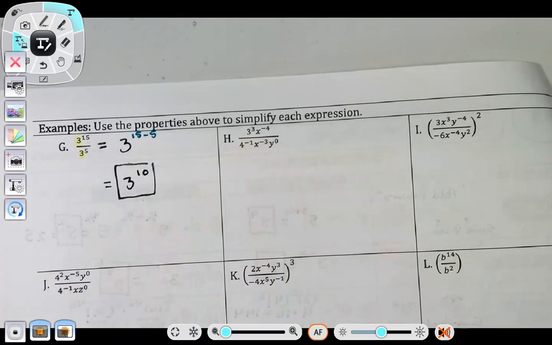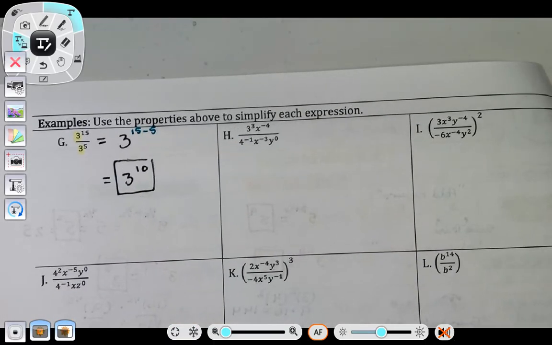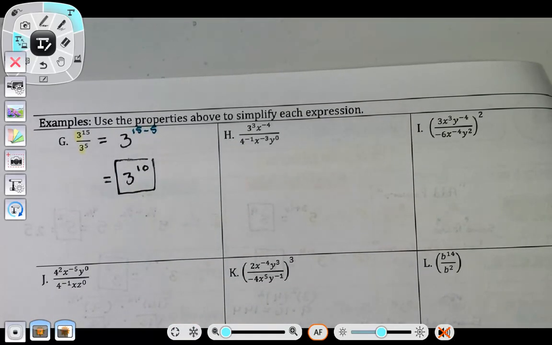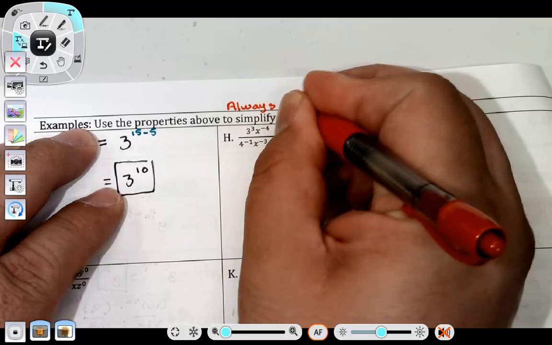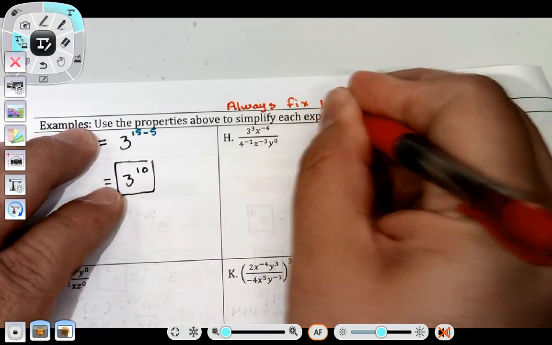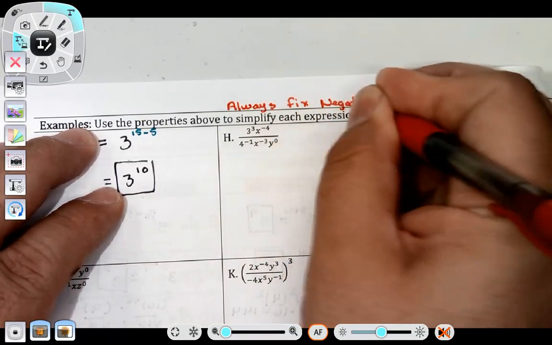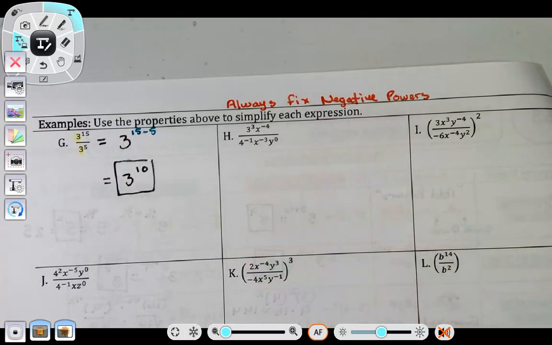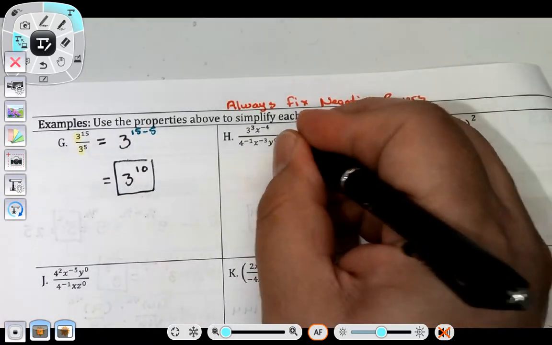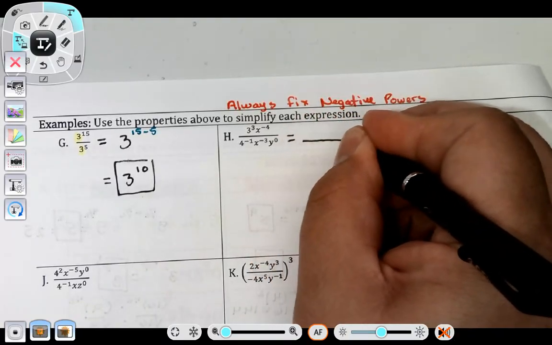Ooh, what do we not like in letter H? We don't like negative powers. You got to fix that, right? Always fix negative powers. We don't like them. Fix them. So right now, I'm not going to do any math. I'm just going to take care of, put things where they really belong.